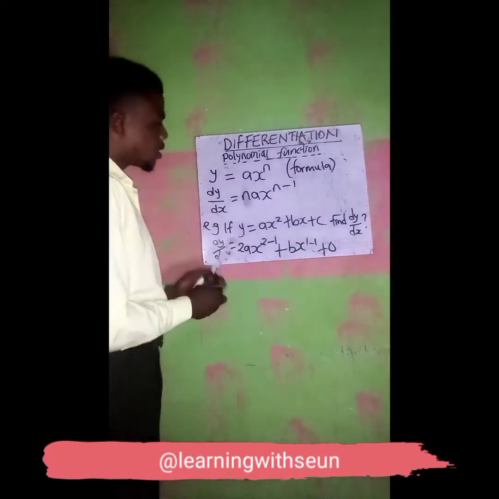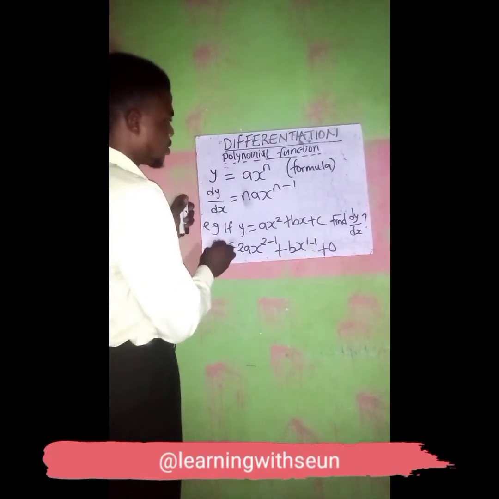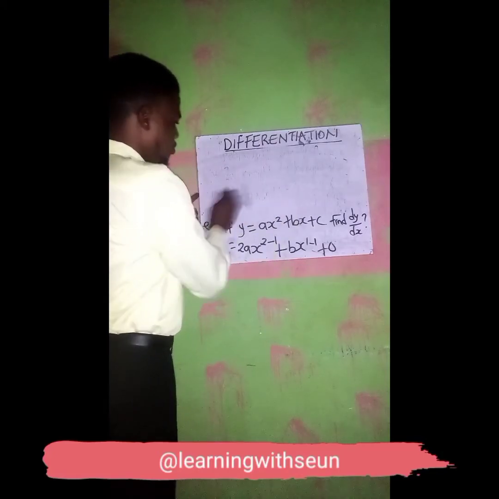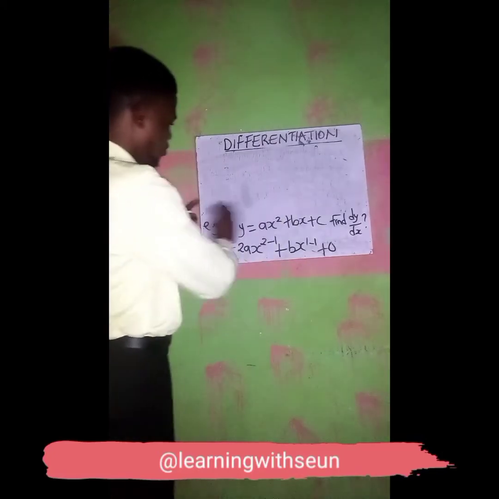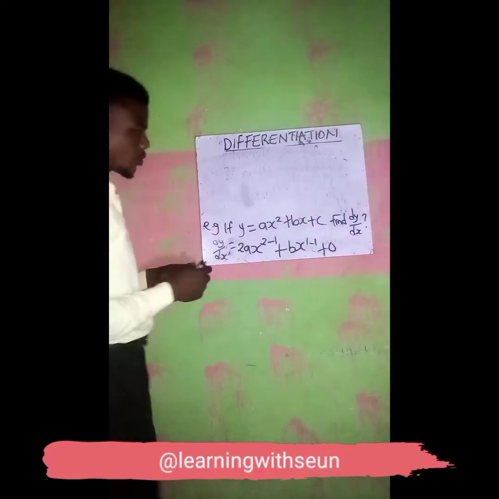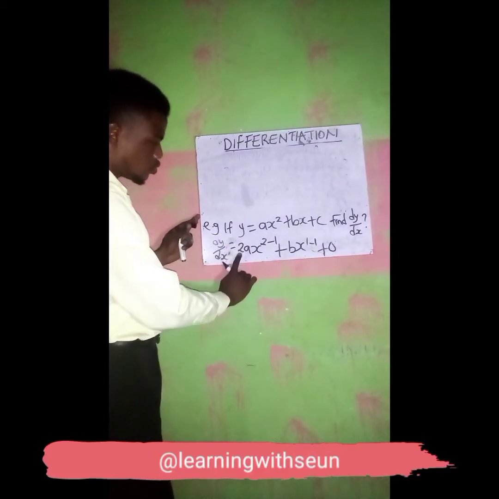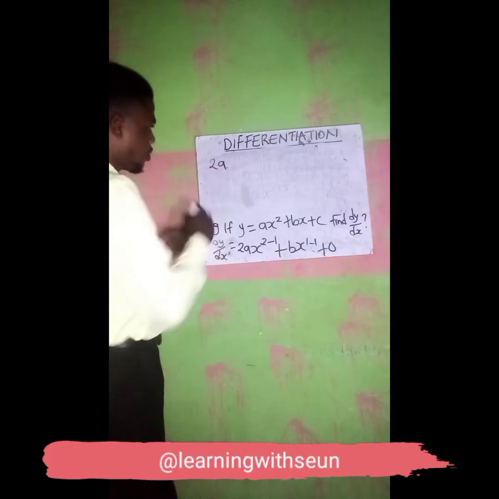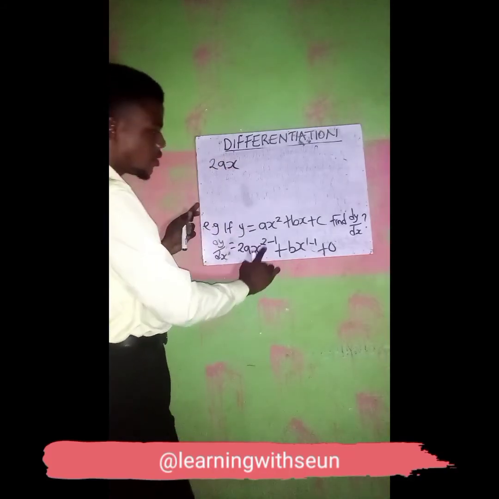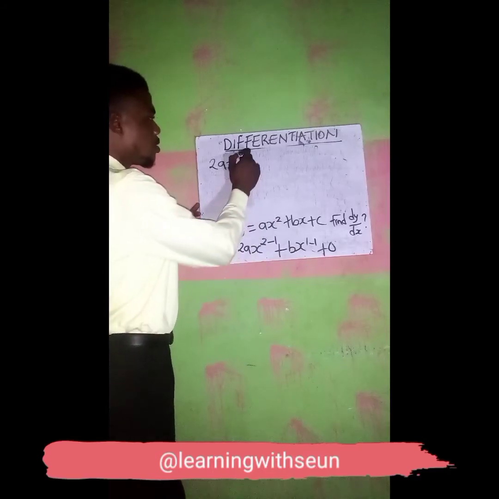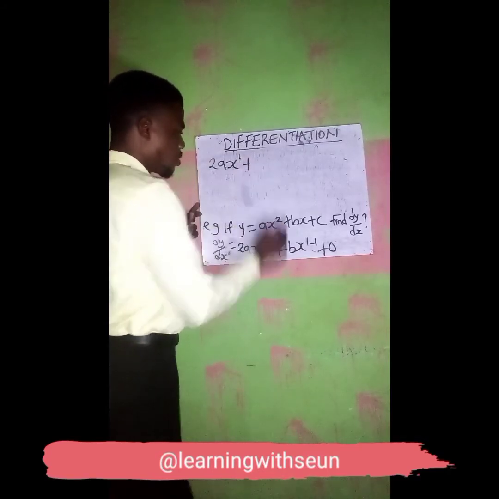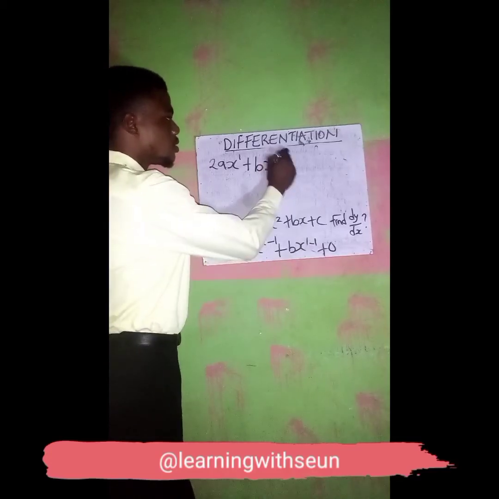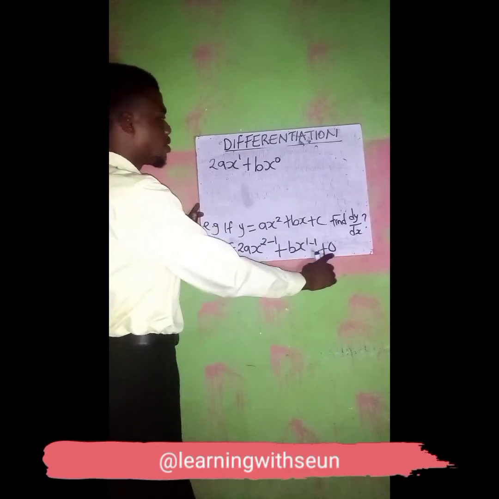So from here, let's rewrite the question. We can now see 2a x raised to the power of 2 minus 1, which is 1, plus bx to the power of 1 minus 1, which will give you 0, then plus 0.